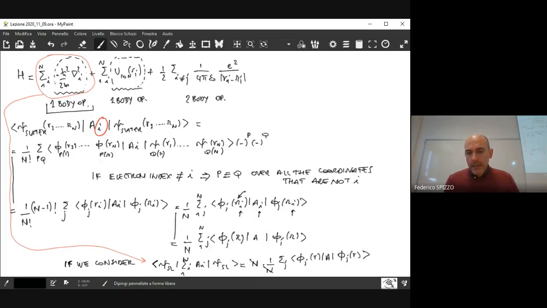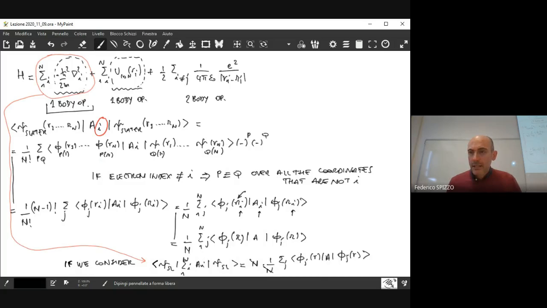So the summary is, for all the operators found in the Hamiltonian that can be expressed as a summation of single-body operators, the expectation value of those contributions over this Slater determinant can be written as the expectation value of the same one-body operator over all the possible electronic levels involved in this Slater determinant.